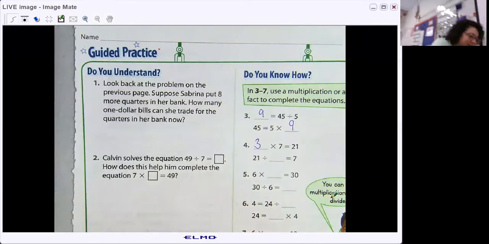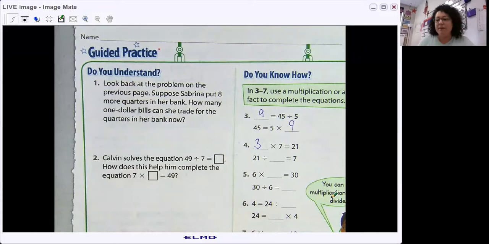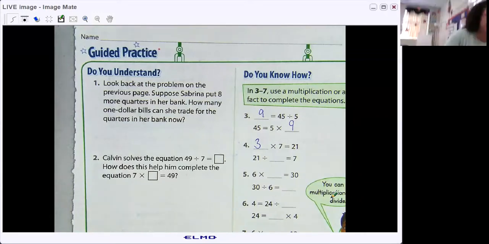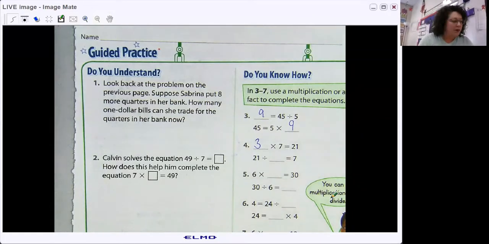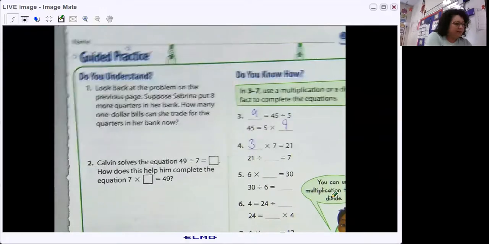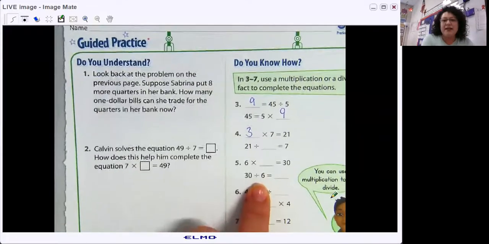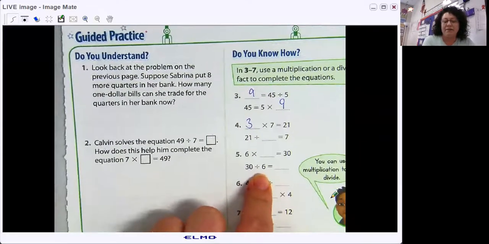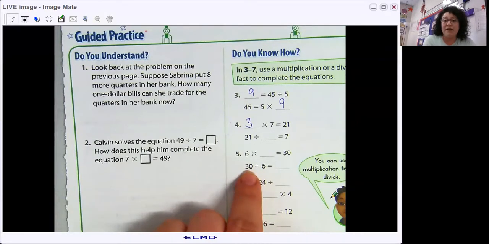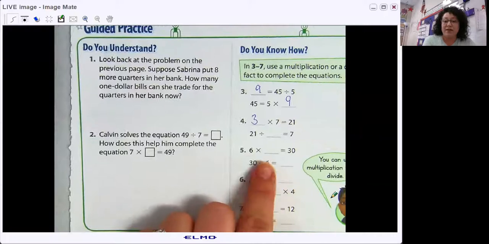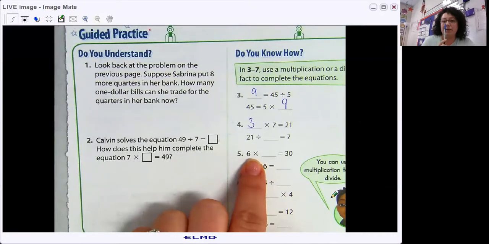So again, hopefully you know that, or you could be using your multiplication chart. Let's look at the next one. 6 times what makes 30? Which means 30 divided by 6 is also that same number. 6 times what makes 30?